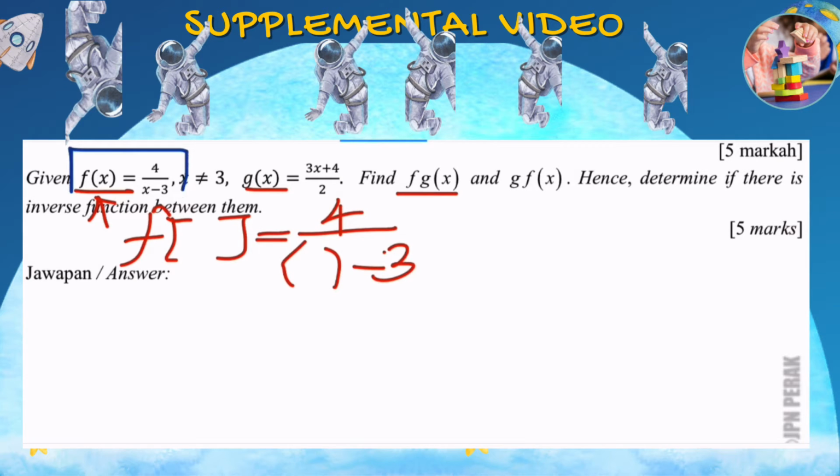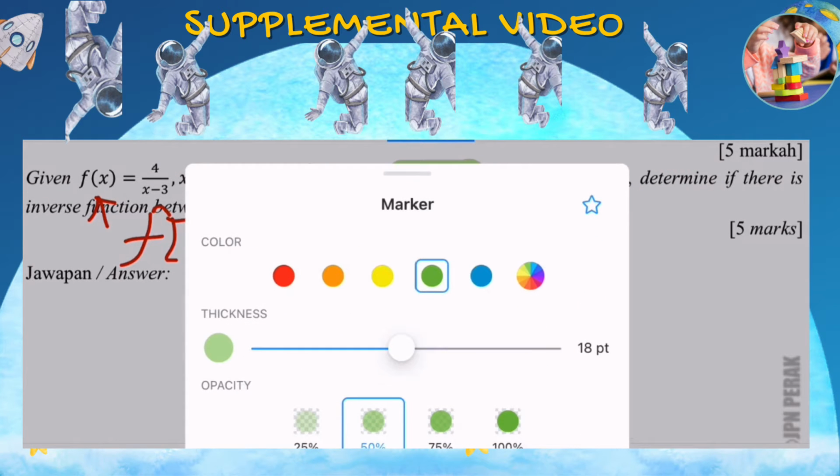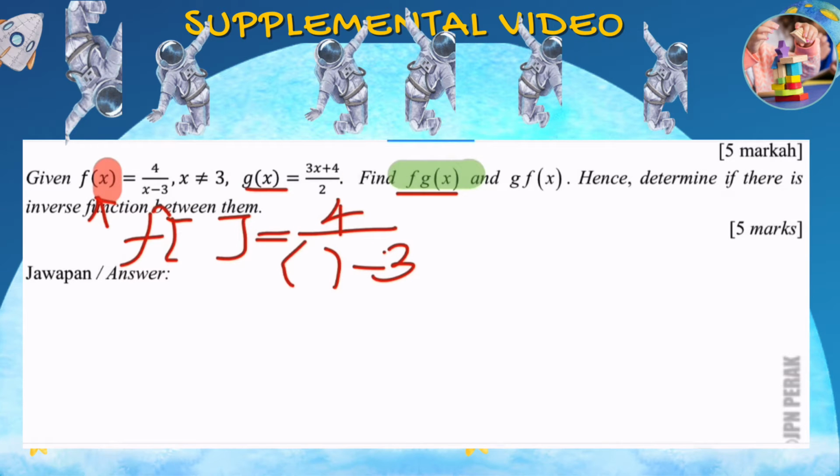Instead of x, we will substitute g(x) to replace x. So the moment we see x, we will substitute with g(x). So that means in the f bracket, we will substitute with the g(x), right?